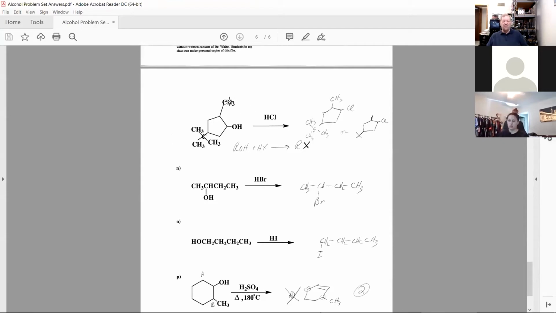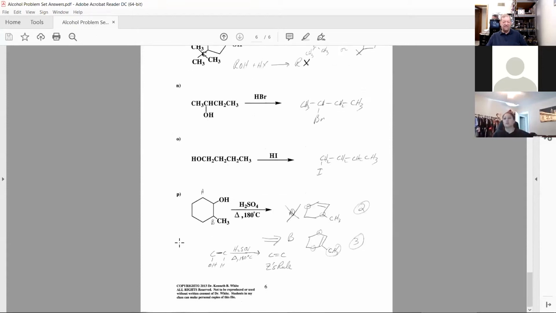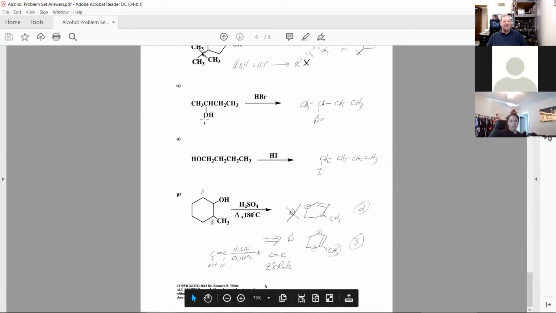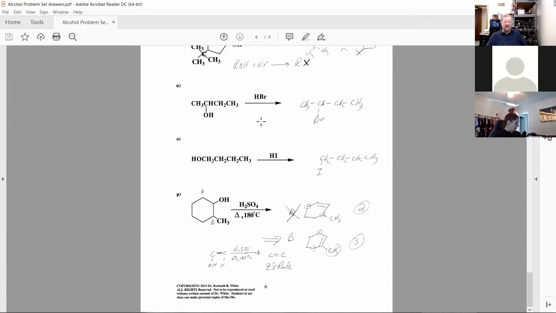So if we take an alcohol reacted with HX, remember X can be chlorine, bromine, or iodine, and you replace the hydroxyl group with the halogen on the carbon that had the alcohol. And here, ooh, we got a ring with a lot of stuff on it, but it's really just an alcohol. And do you break carbon-carbon single bonds? No. So I have my ring with my methyl and t-butyl group. The carbon with the hydroxyl group now has a chlorine. And if we look at N, same thing. What do we have? Alcohol, HX. In this case, X is bromine.